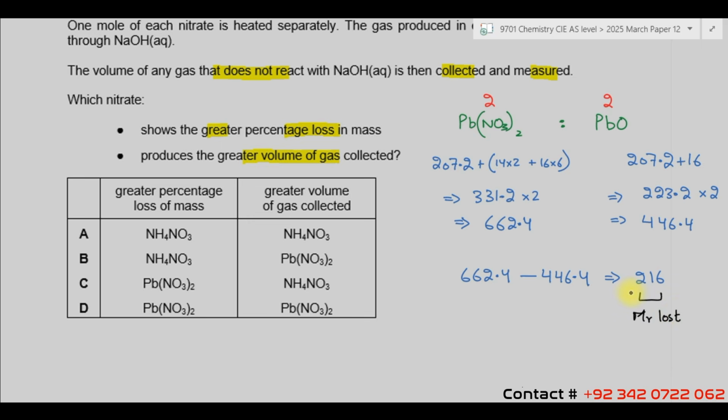We can also find out the percentage of the lost molecular mass. So percentage lost is equal to the lost MR divided by the total MR into 100. So percentage lost will be 32.6%. This was for lead nitrate.